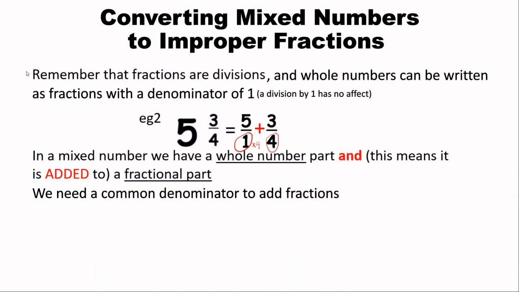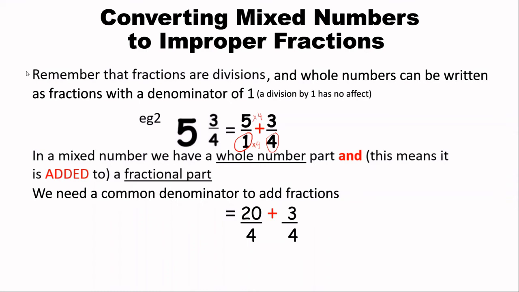But whatever I do to the bottom of the fraction, I need to also do to the top of the fraction. Always multiplying and dividing here. So 5/1 plus 3/4 is the same thing as 20/4 plus 3/4. Now that we have that common denominator, our answer will have that denominator of 4.